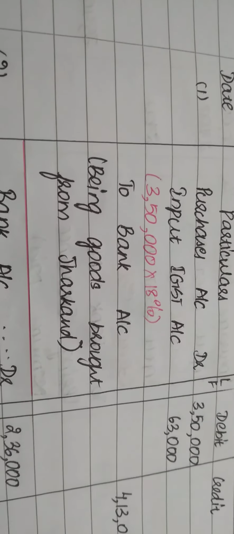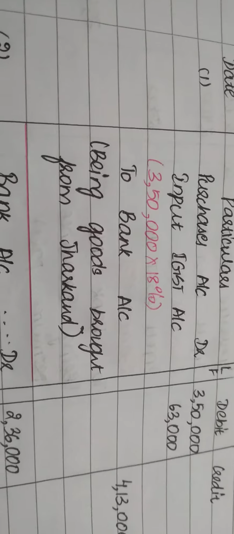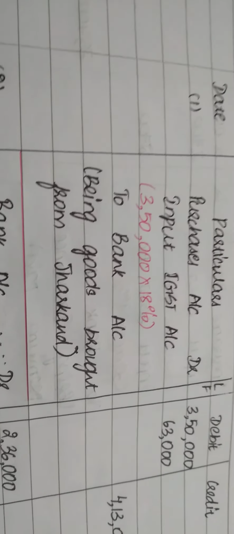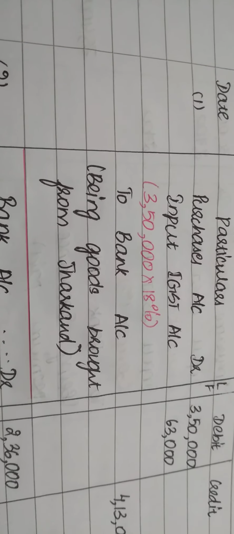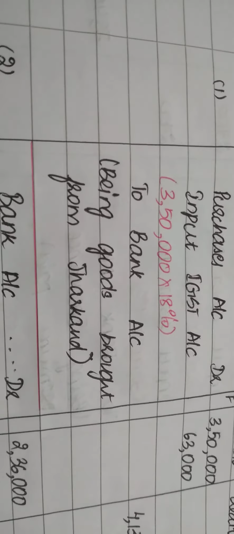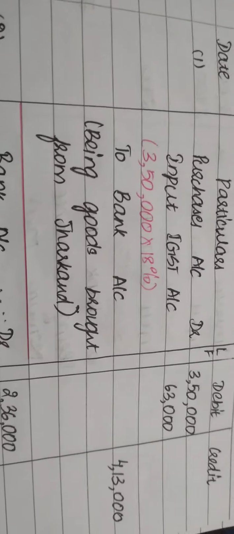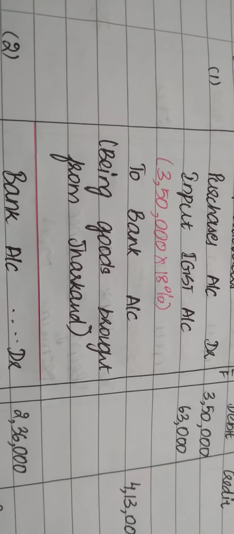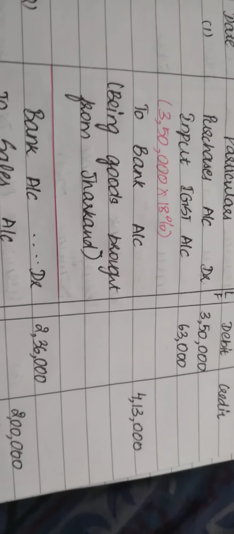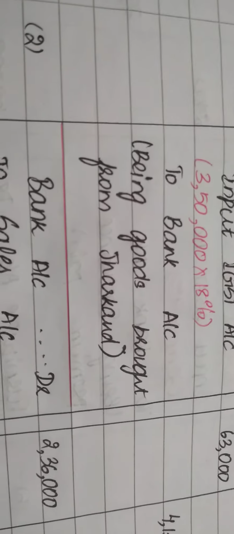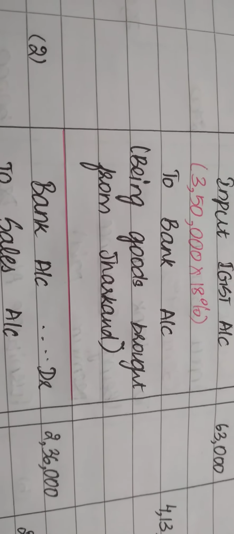So purchases account 3,50,000 in the debit side, input IGST account. Since there are two different states, 3,50,000 into the complete 18% gives 63,000. Add both, 3,50,000 plus 63,000, that gives the total to bank account 4,13,000. Narration being goods bought from Jharkhand.